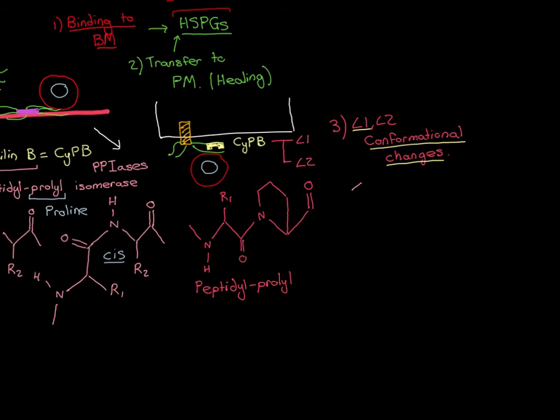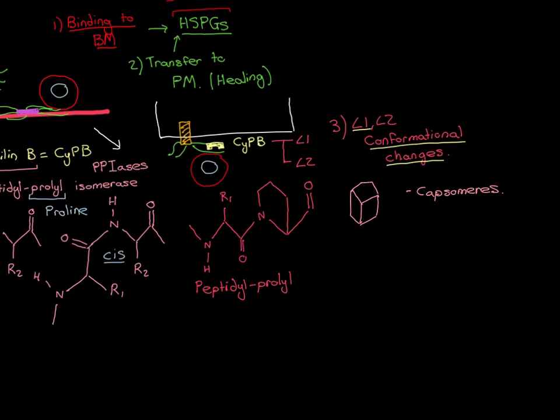Just drawing a little picture here of an L1 pentamer, like so. Remember, the capsid is created out of loads of L1 pentamers, also called L1 capsomeres. And I'm just wondering, did I give you that piece of terminology? It was so long ago since I made the video on the structure. I'm just doubting myself whether I gave you that piece of terminology, so I'm writing it down again.